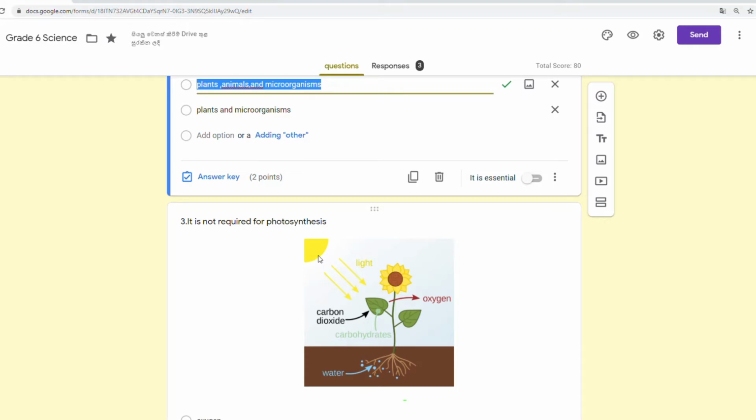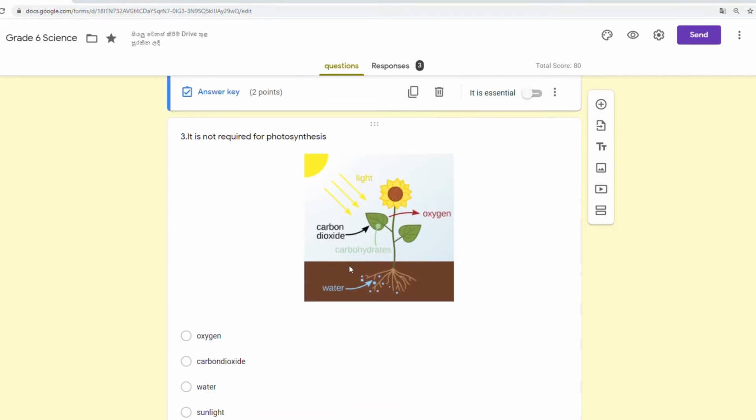For that process, what do they use? In this diagram, you can easily recognize the factors. One is carbon dioxide, they absorb carbon dioxide and water, and they use the sunlight. Those are the required factors. And at the same time, once they produce food, they release oxygen.